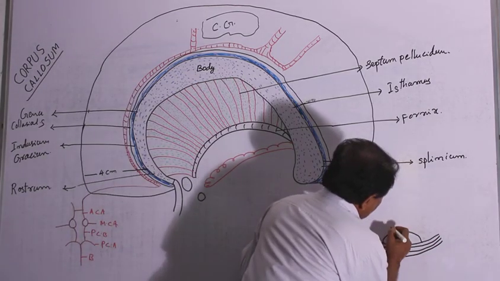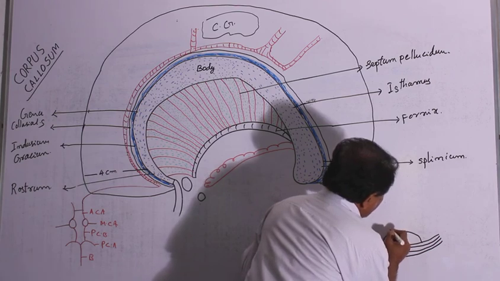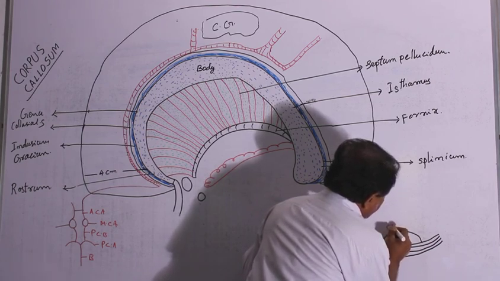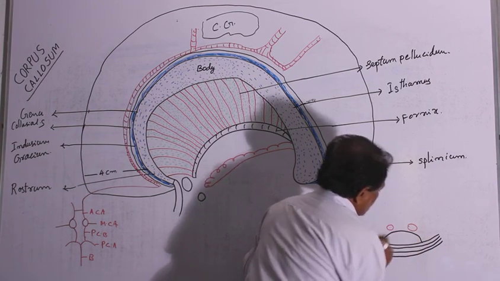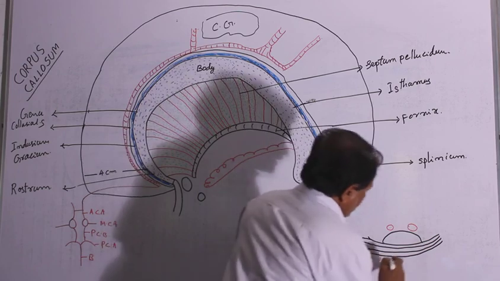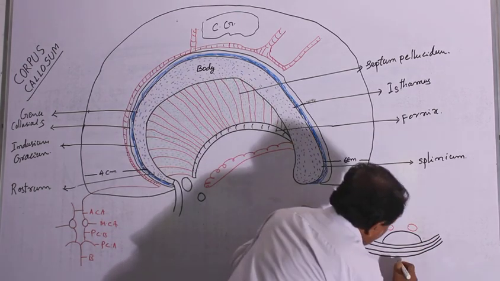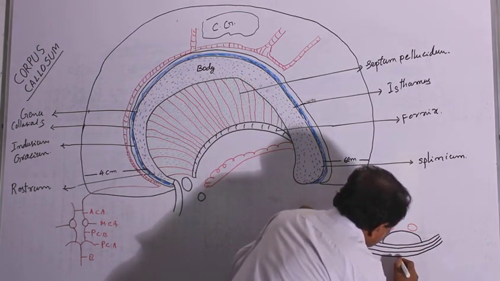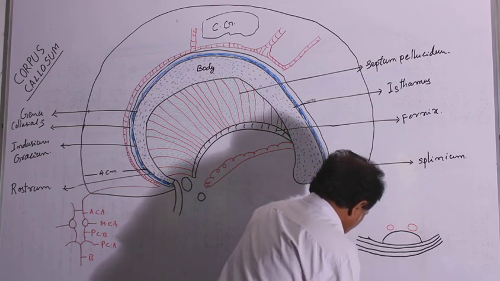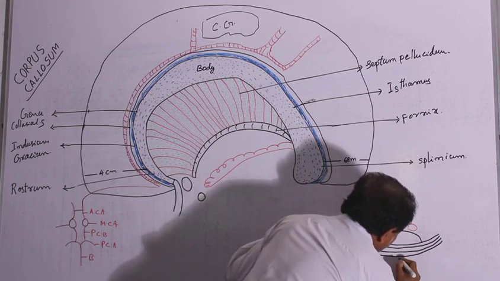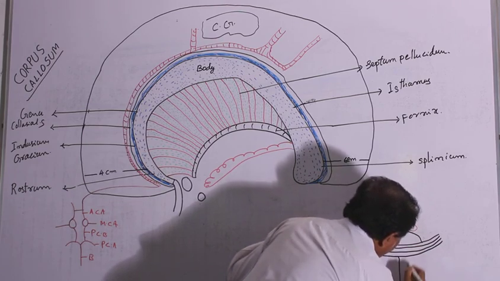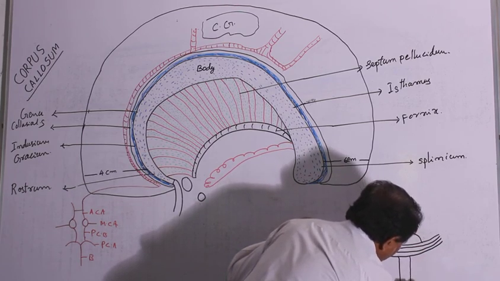In this region there are the anterior cerebral arteries. These are the anterior cerebral arteries. Inferior to this, at this region, there is the septum pellucidum. This is the septum pellucidum.